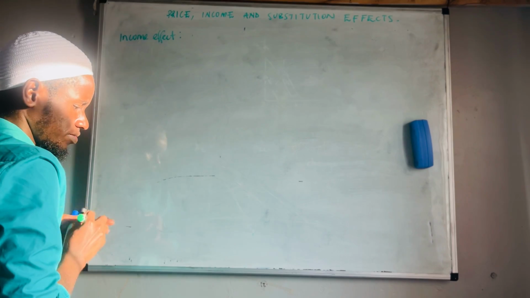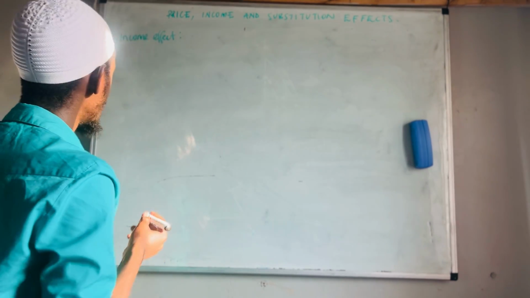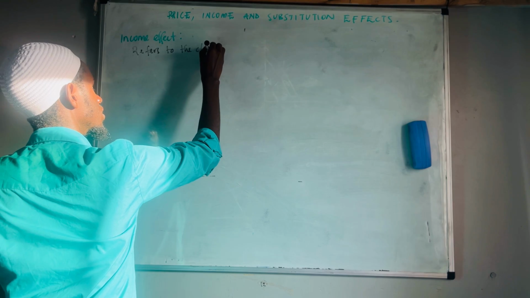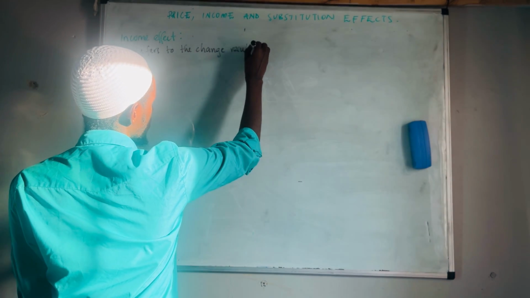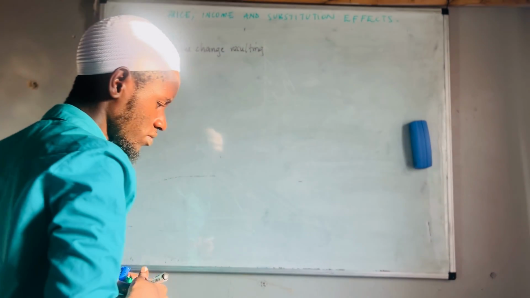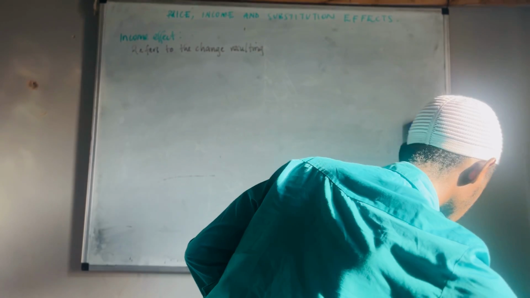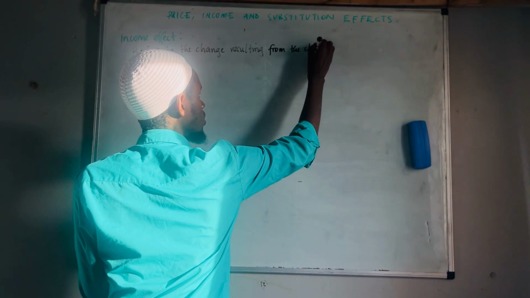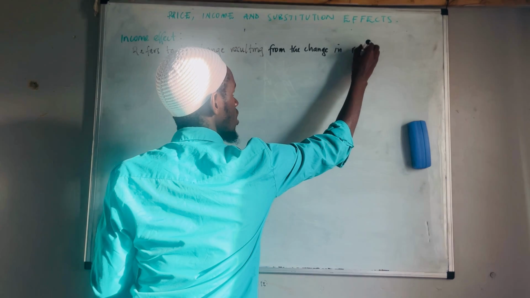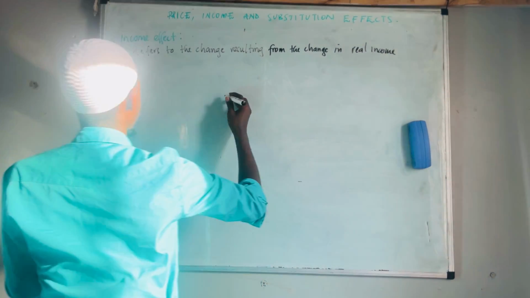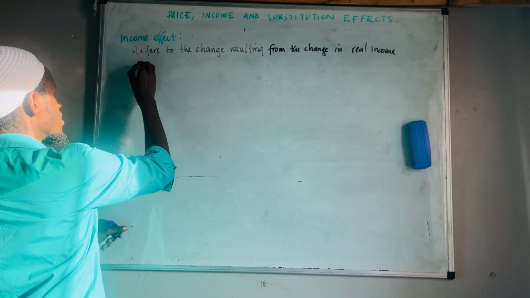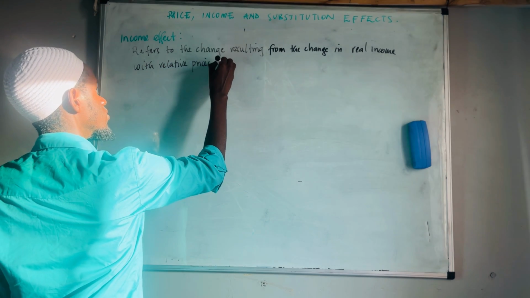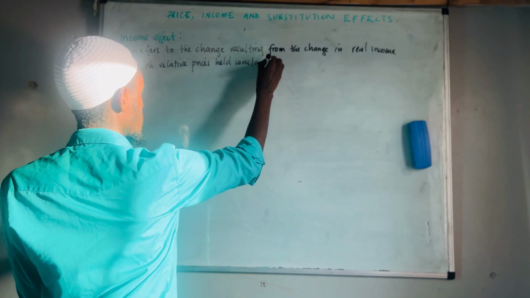We are saying the income effect refers to the change resulting from the change in real income, as prices are kept constant, with relative prices held constant. I think members, we have explained this fully.